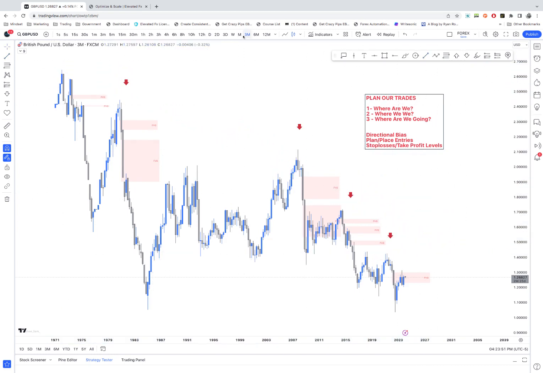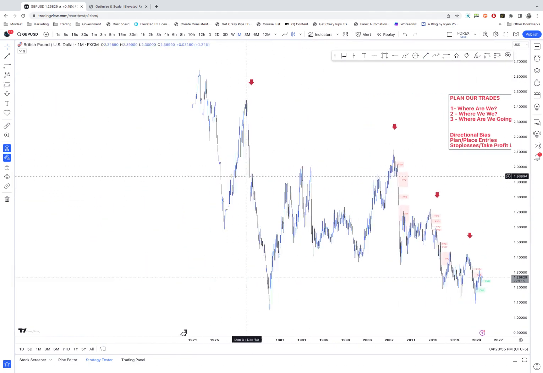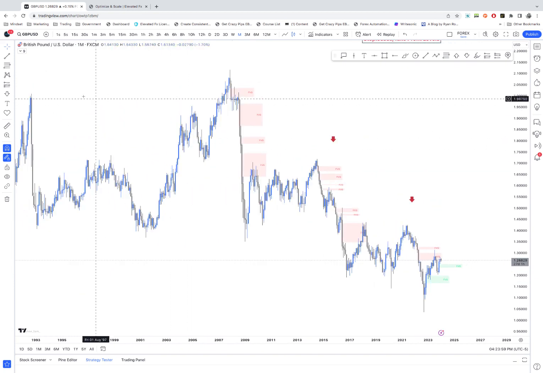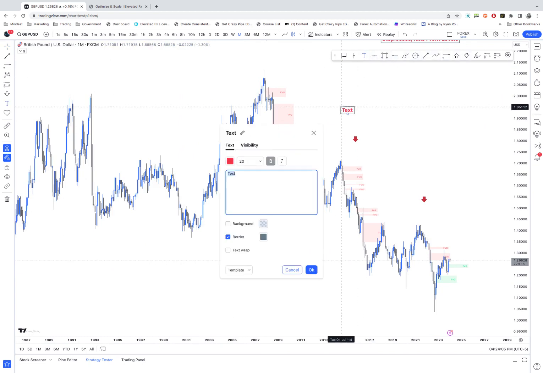So we're on a 3-month chart. I could go on the monthly chart and we can see the same thing. So I'm actually going to start off on the monthly chart, and I'm going to show you real quick. I'm just using an indicator called Fair Value Gaps, FVG, by Nephew Sam.